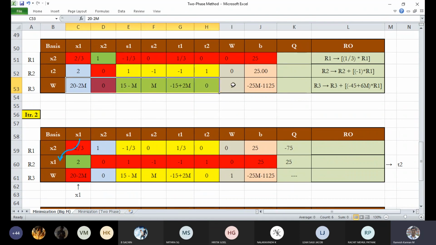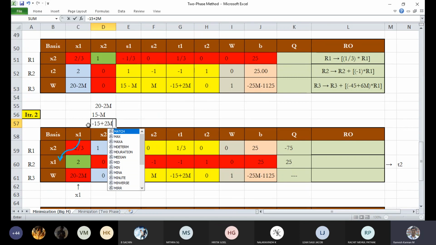So we will be doing another iteration, and the process remains the same. We will check in the indicator cell which has the most negative value. Say in this case 20 minus 2m, and we have 15 minus m. But we cannot take minus 15 plus 2m because plus 2m is there, so it will always be positive. Or let's take that also into consideration, and take m to be 1000.